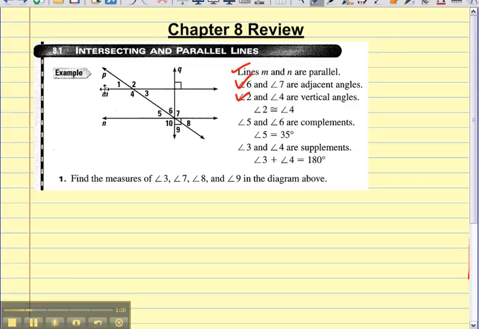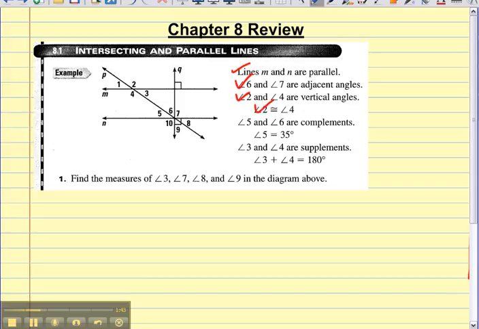They're identical. They are equal to each other.